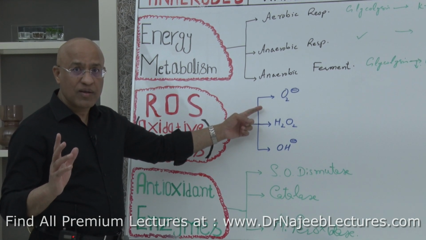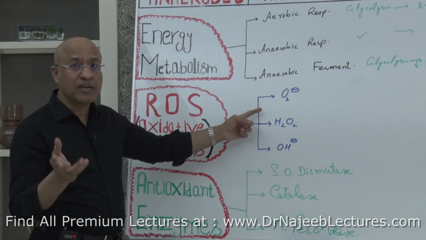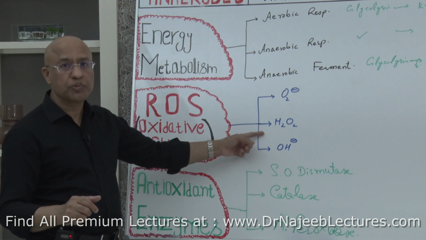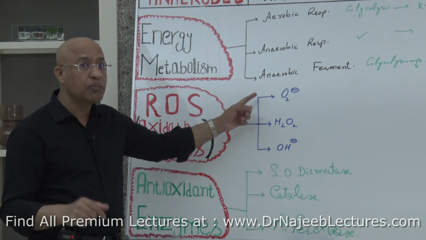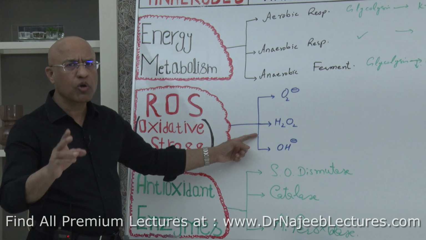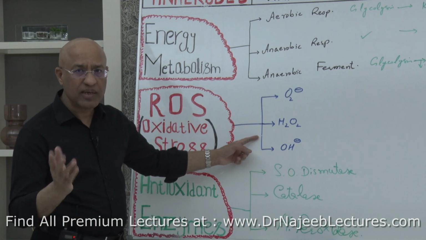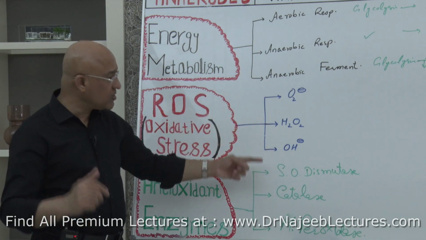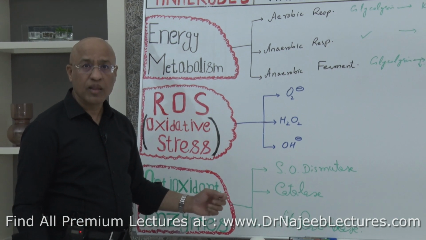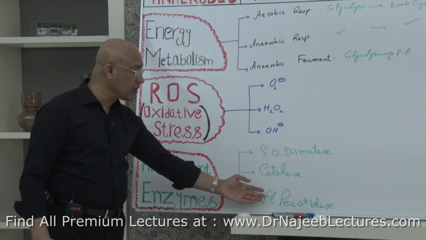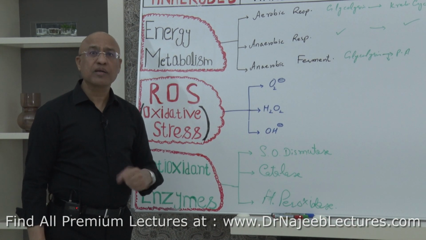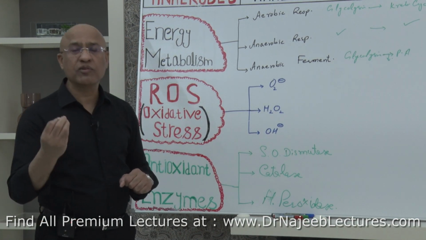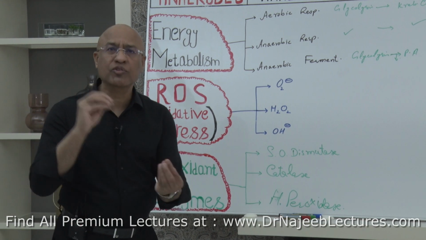That is, we have to see whether they have the capacity to deal with reactive oxygen species or not. If bacteria can deal with these and neutralize them, it means they must have dismutases, they might have catalases and even peroxidases.